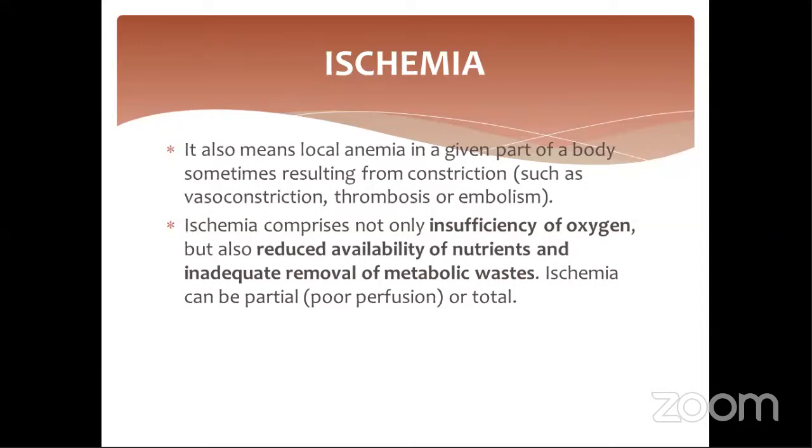At the same time, the availability of nutrients is reduced, as blood is the main medium to carry all these nutrients to every part of the body. So it reduces availability of nutrients and also causes inadequate removal of metabolic waste.